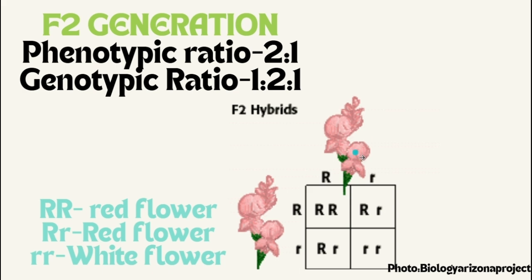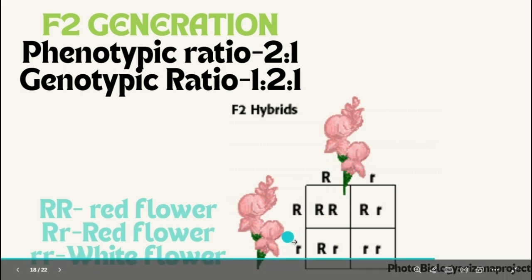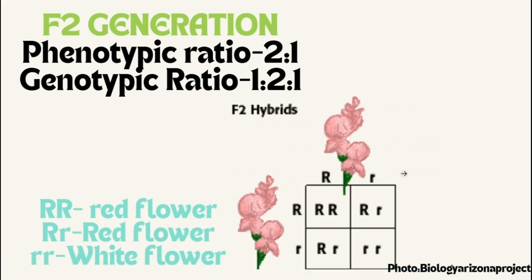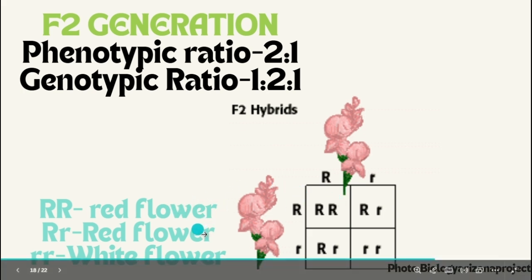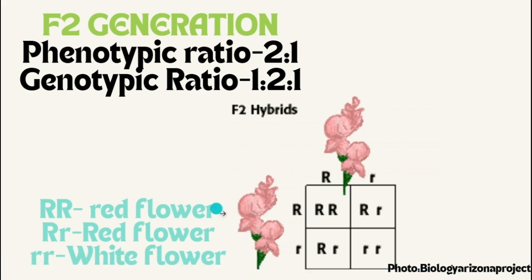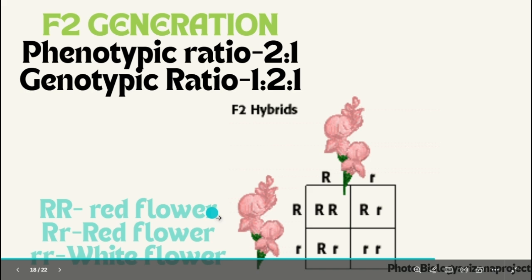Now in the second generation, a heterozygous crosses with another heterozygous. We're going to use big R for red flowers, big R, little r also for red flowers, and little r for white flowers. Red is the dominant trait, and both these genotypes code for it, and little r is white, which is recessive.